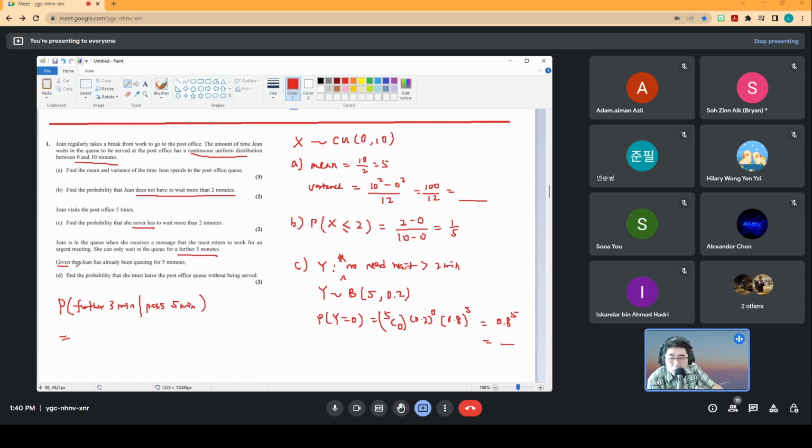Without being served means she can only wait for a further 3 minutes, so that means up to 8 minutes in total. The probability that X is less than 8 given that X is more than 5.